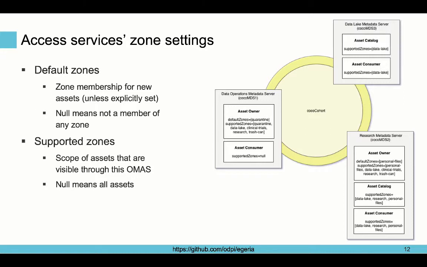The other one is the supported zones, and this is like a filter to say that only return and operate on assets within the listed zones, and all the others treat them as if they're actually not in the repository. So that was why Callie got an exception when she tried to access the new asset, before the zone had been updated to a zone that she had access to.